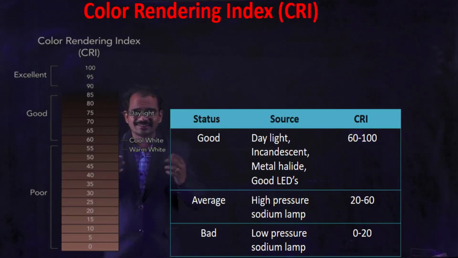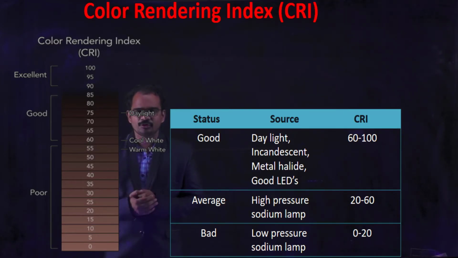So now let's see the color rendering index chart. In this chart, we can clearly see that if the color rendering index is between 0 to 60, you call it a poor light. If it is between 60 to 85, you call it a good color rendering index.